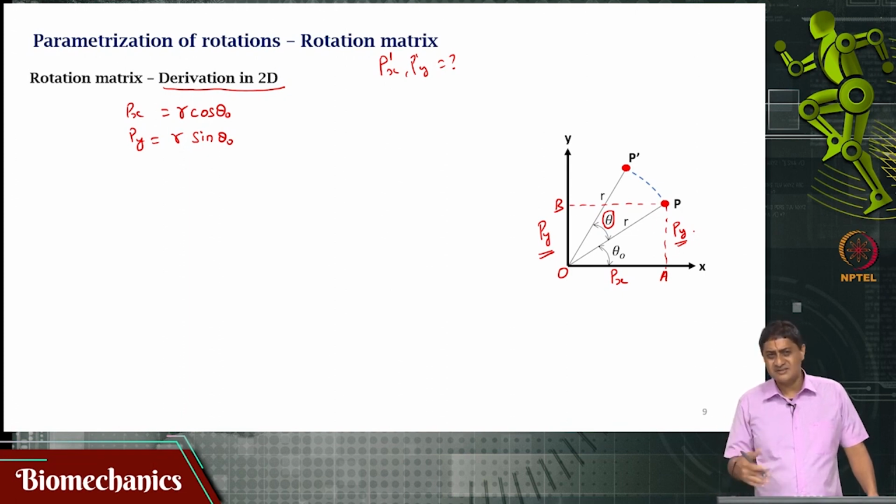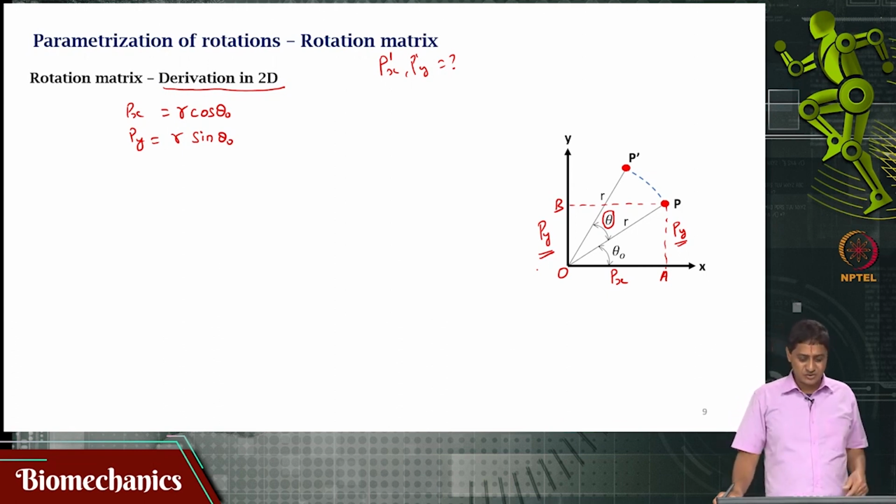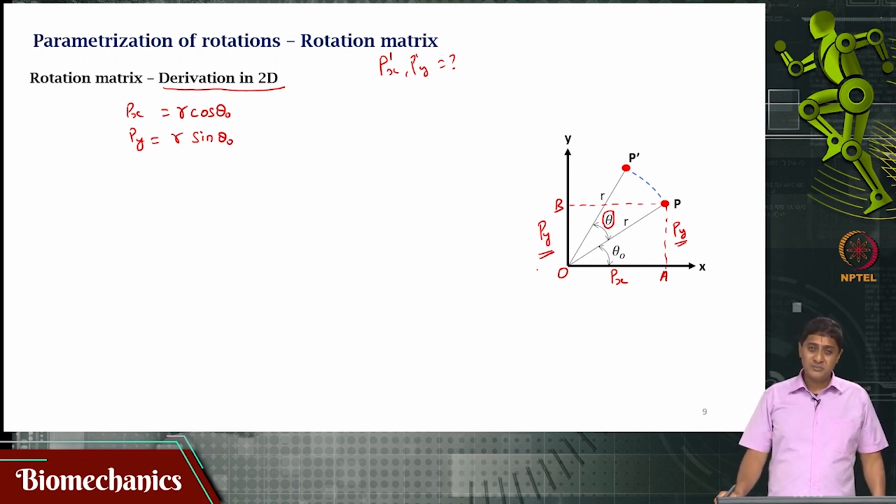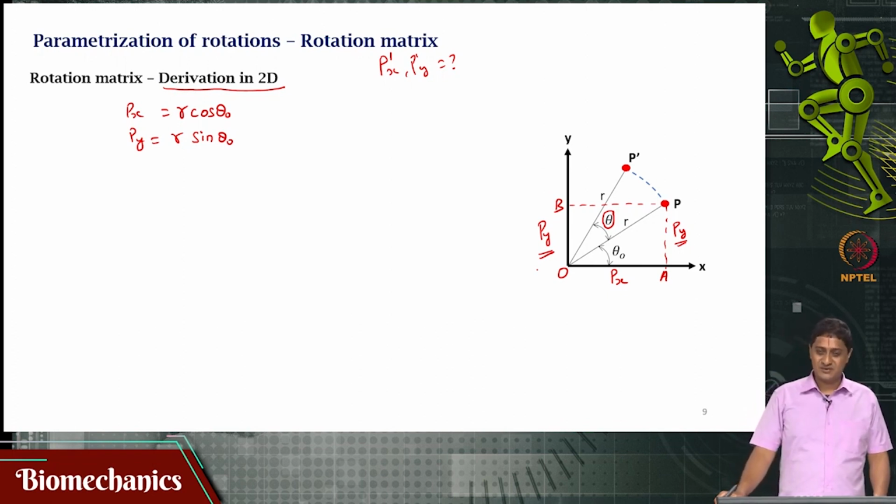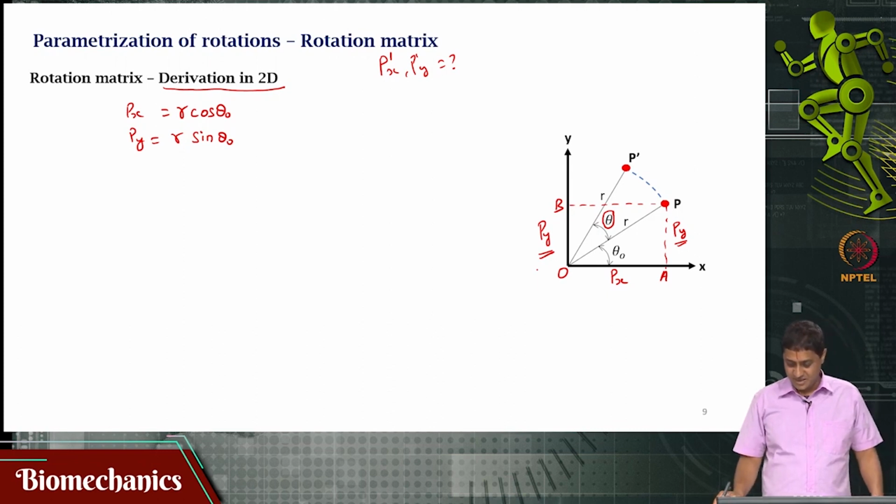There are many ways of discussing this, I am discussing in this way. So, Py is r sin theta naught. Remember that this is the case of pure rotation, in which the object is not undergoing any translation. So, r remains the same.